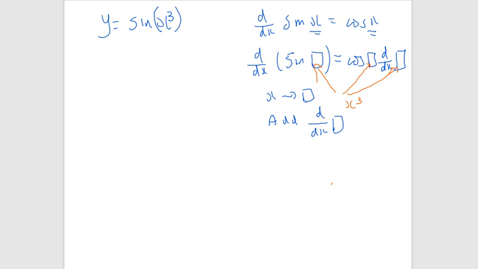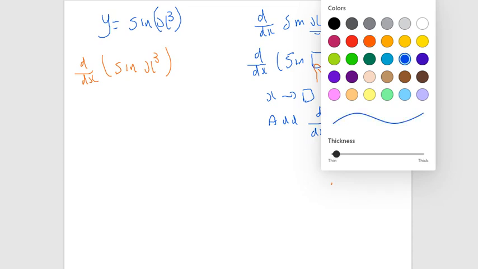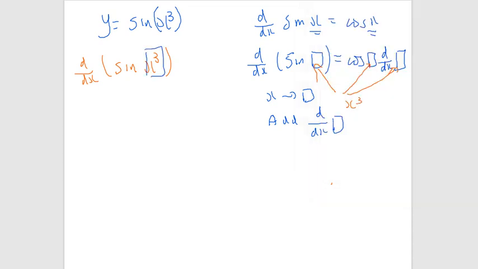So that means you can say d/dx of sine x cubed is the same as, x cubed is inside the box, so the answer will be cosine x cubed, then d/dx of x cubed. And this you know the answer.